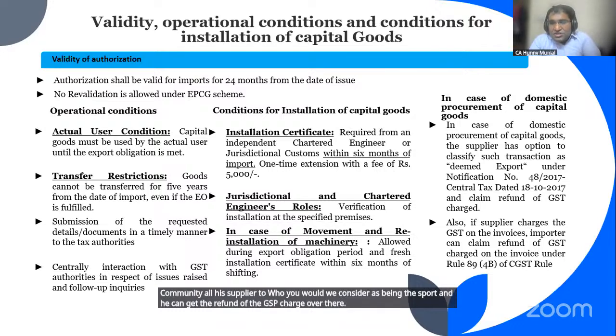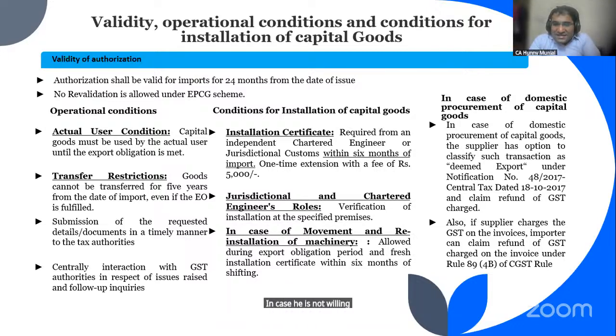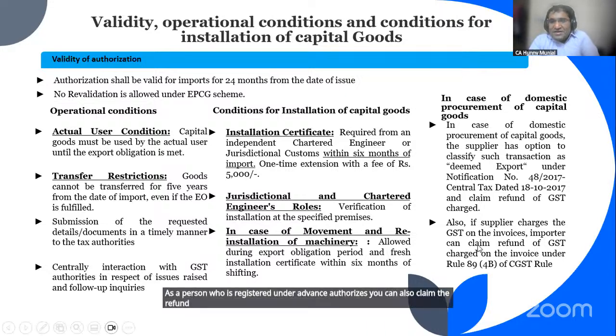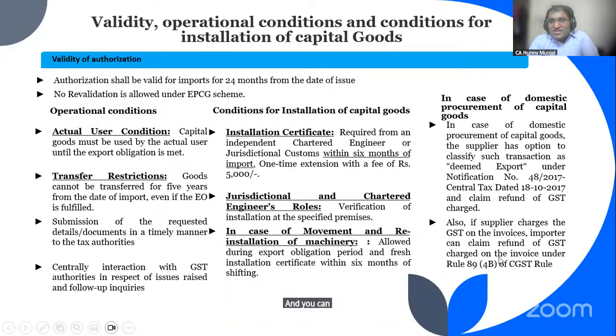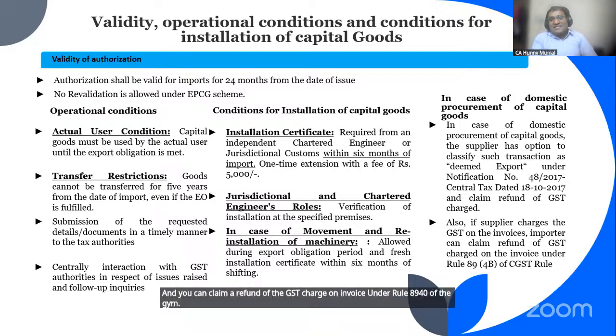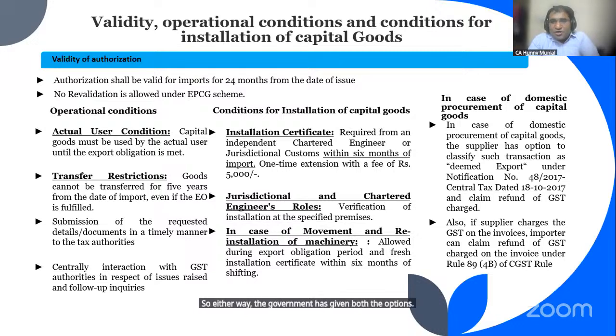In case he is not willing to do that, as a recipient, as a person who is registered under advance authorization, you can also claim the refund. He can charge you GST and you can claim a refund of the GST charged on the invoice under Rule 89 4B of the GST rules. So either way, the government has given both options for domestic procurement.